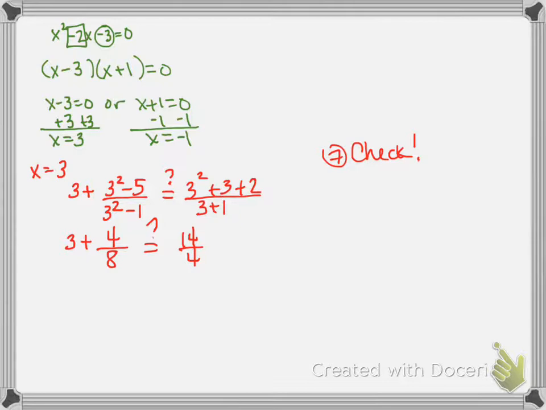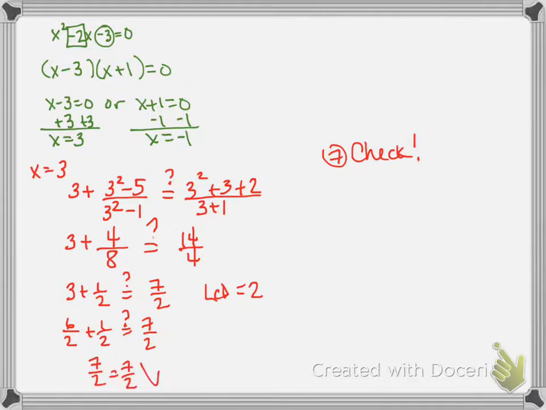We get 3 plus 4 eighths. Does that equal 14 fourths? 3 plus 1 half. Does that equal 7 halves? The LCD is 2. So does 6 over 2 plus 1 over 2 equal 7 over 2? Yes, it does. So 3 checks out.